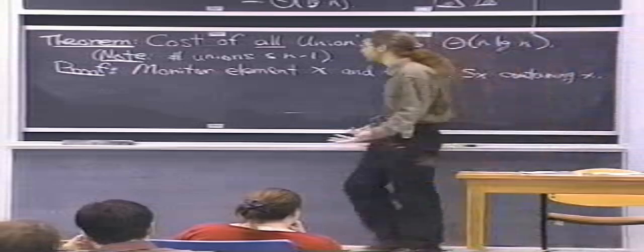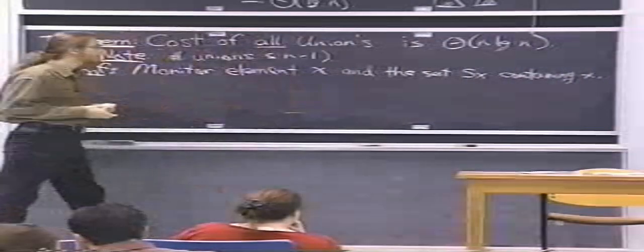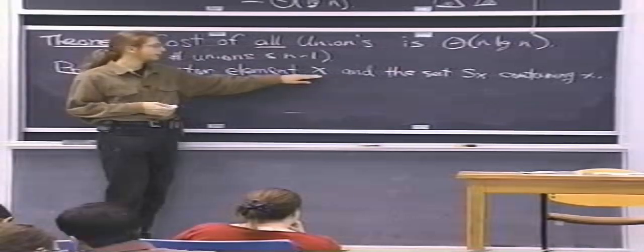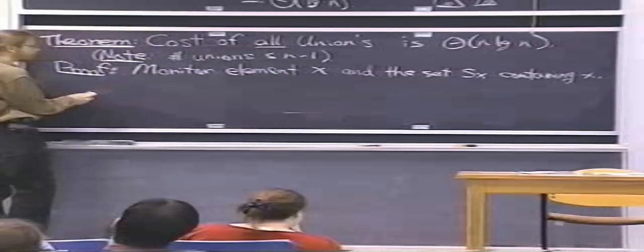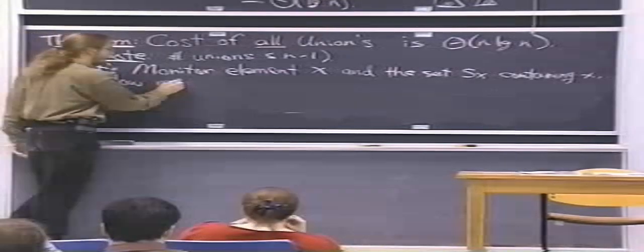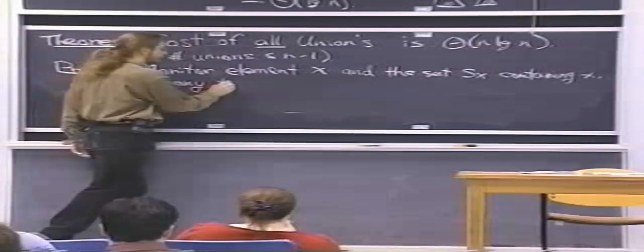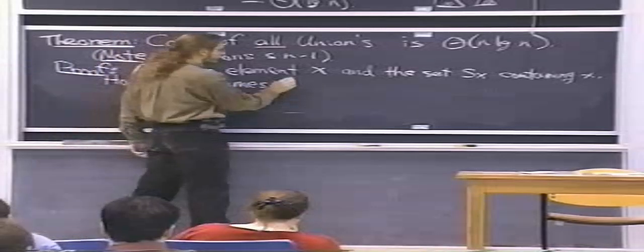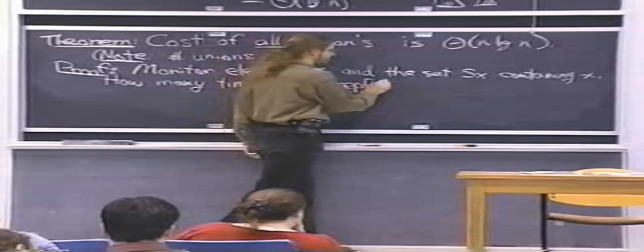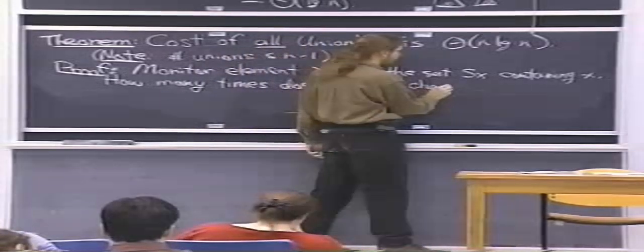These are things we can keep track of. And what I care about is how many times the rep of x, the representative pointer, changes. That's what I want to count.